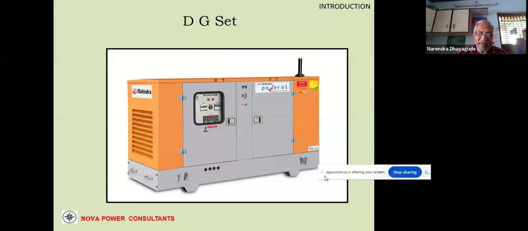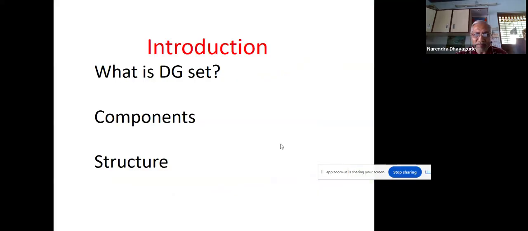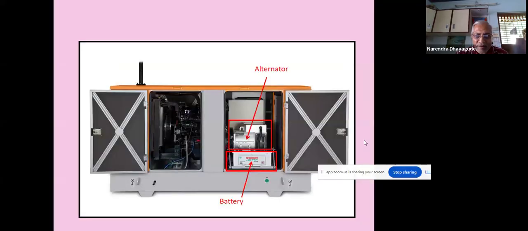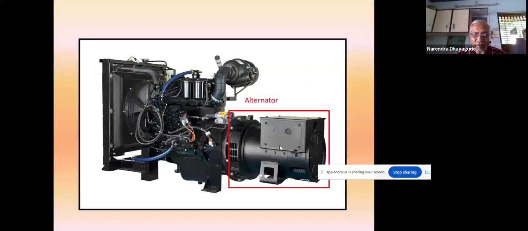When we say DG set, this is a general picture of what we see. The basic components of the system are the engine inside, the alternator, the battery to start the engine, and the control panel. This is the acoustically enclosed canopy.